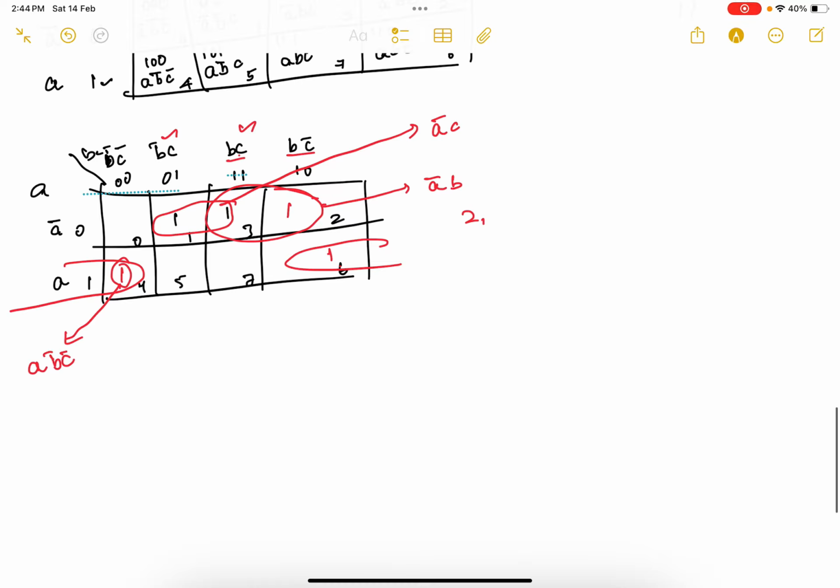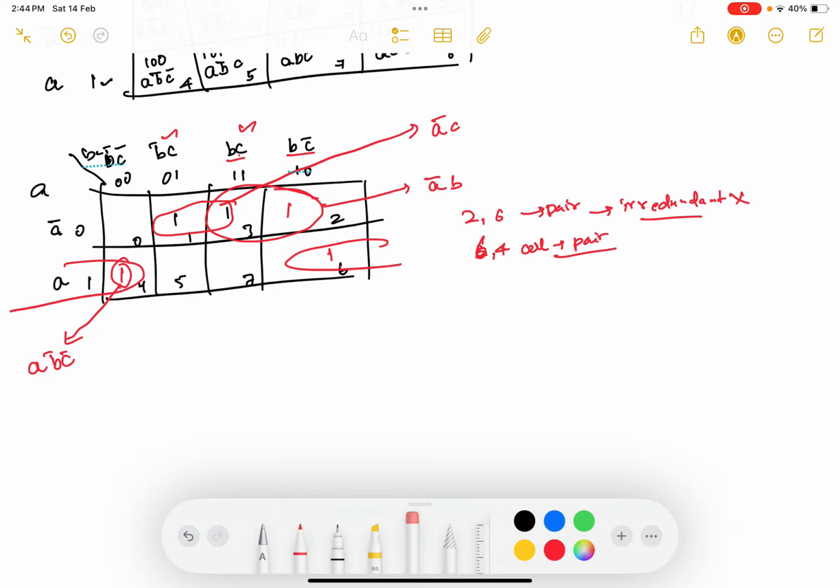So 2 and 6 forming the pair is called a redundant pair. So this is not accepted. We want to make the 6th and 4th cell form the pair combination. When this is formed as a pair, what will be your answer?